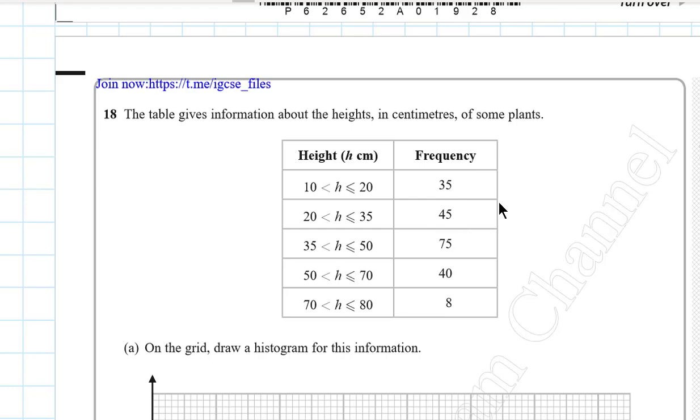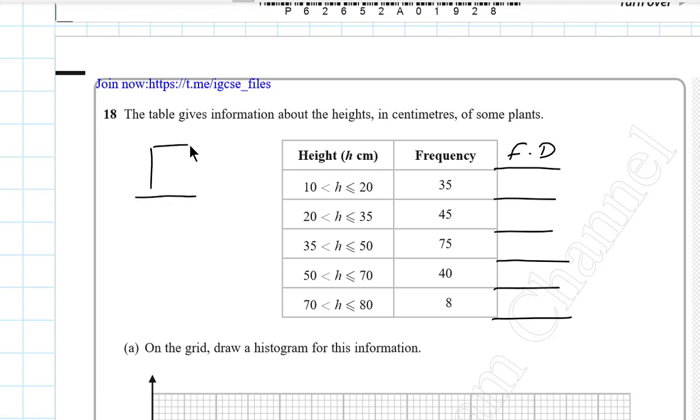Okay, my advice is to calculate the frequency density by dividing the frequency by the class width. Don't forget that the bar here talks about the area.